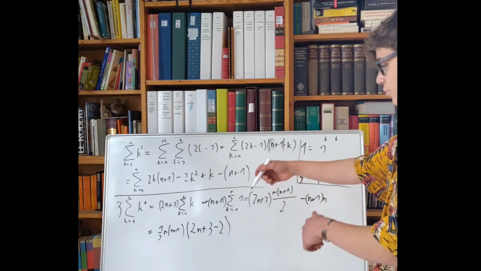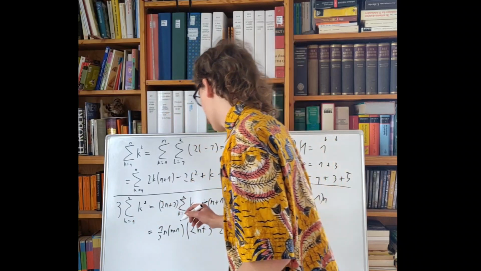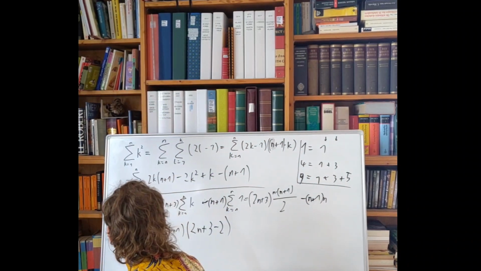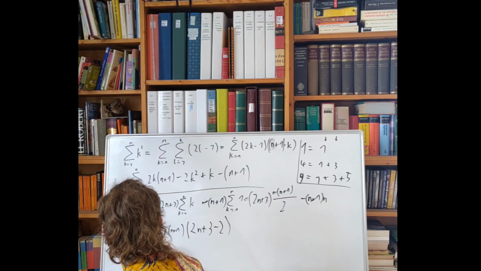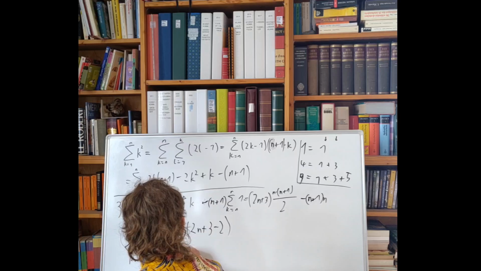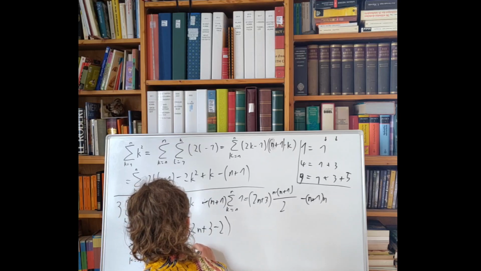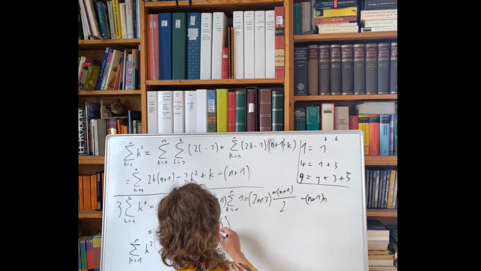And now we just multiply 1/3 to both sides. So we get our final form of the sum of k squared equals 1/6 times n times n plus 1 times 2n plus 1.